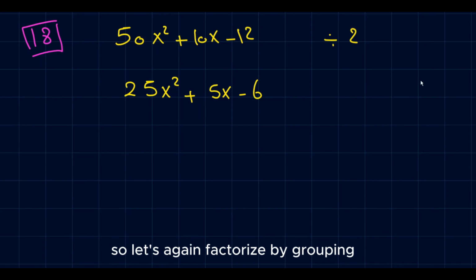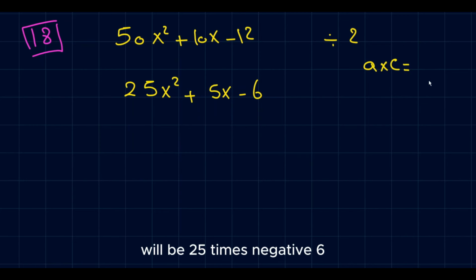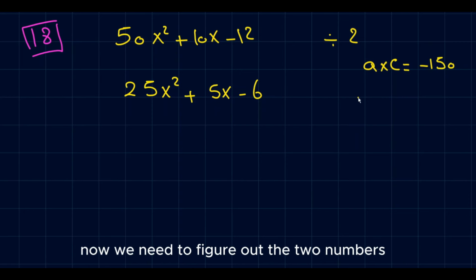So let's again factorize by grouping. A multiplied by C will be 25 times negative 6, which is negative 150. Now we need to figure out the two numbers.